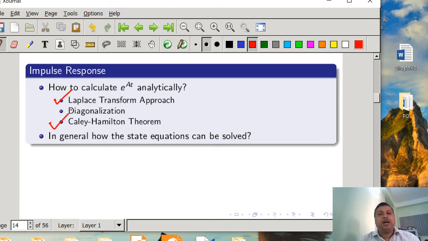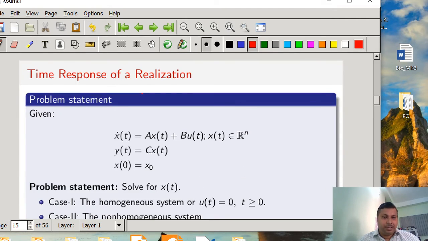So we will answer these two questions simultaneously: how to solve the general state equations, and along with that how to calculate e to the power At analytically, because you will find that to solve the general state equation we require e to the power At, which we will realize just now.